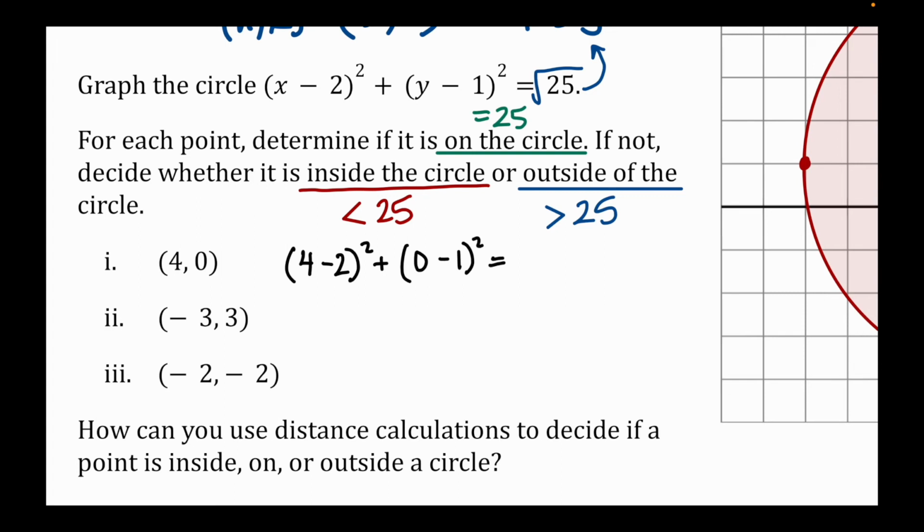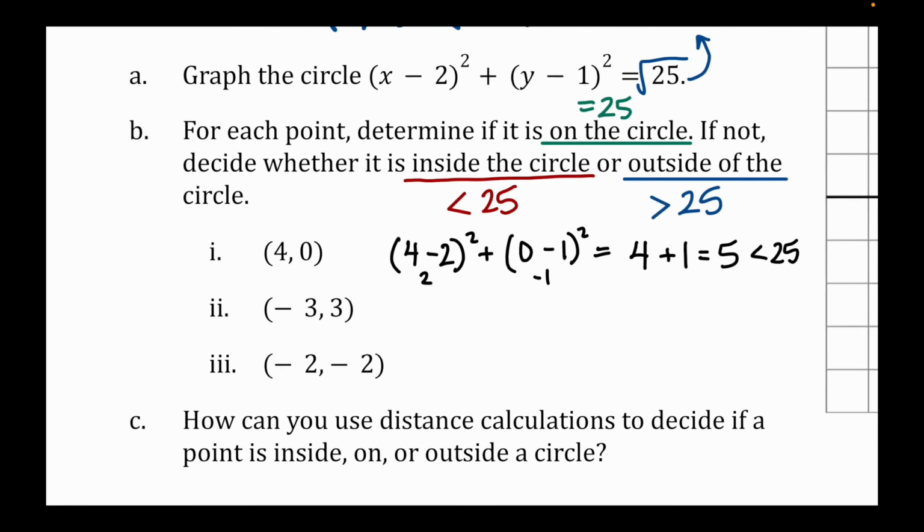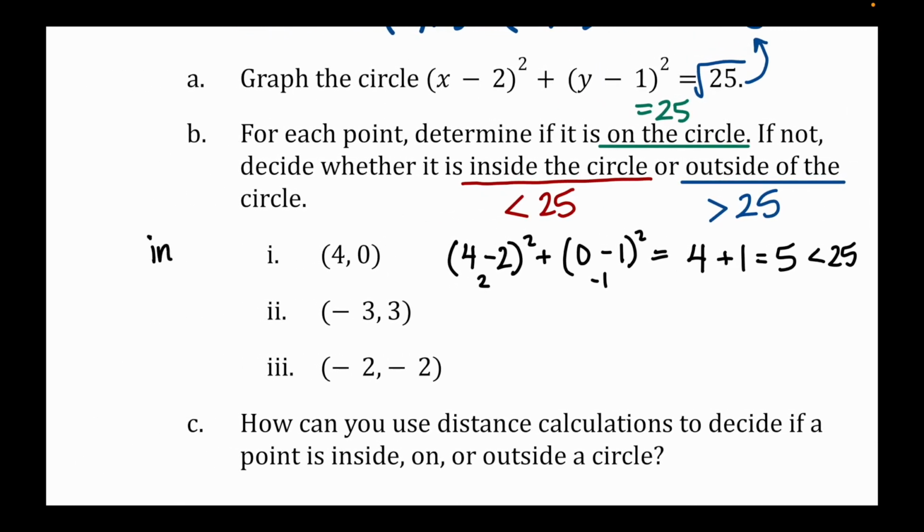So 4 minus 2, that's 2. 0 minus 1 is negative 1. 2 squared is 4, and 1 squared is 1. That is going to be 5, which is less than 25. So I'm going to say that this one is inside.